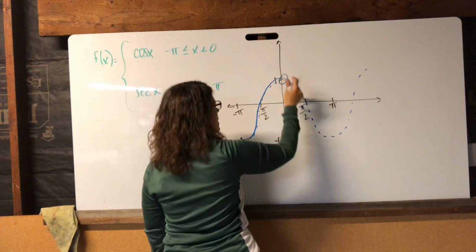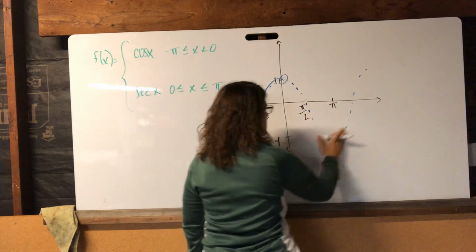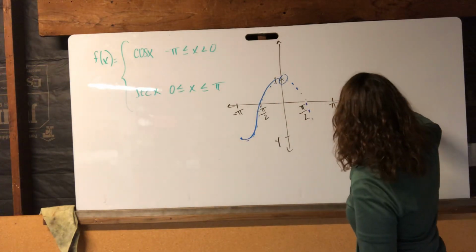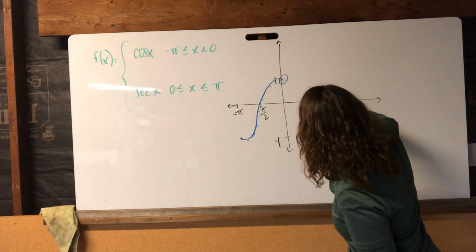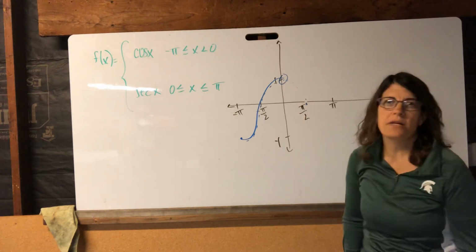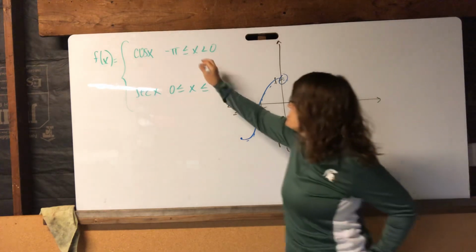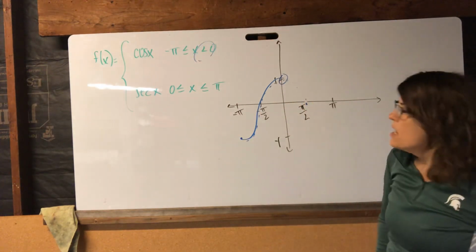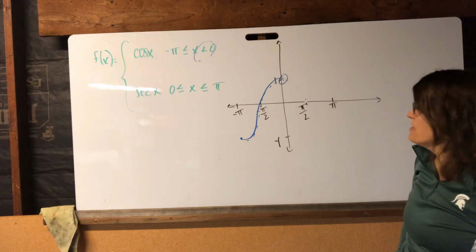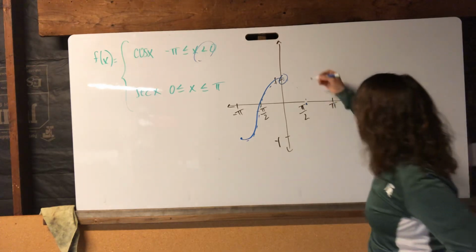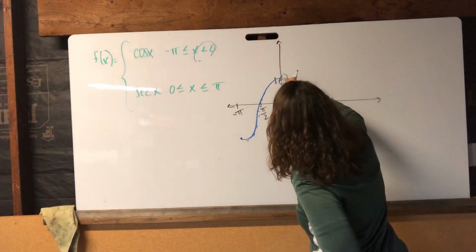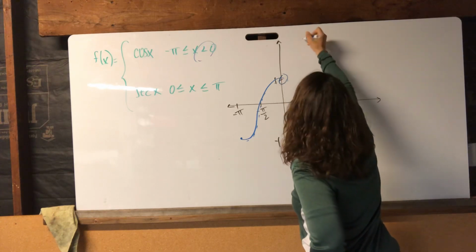And 0 is not included. Okay, so there's a cosine curve from negative pi to 0. 0 is not included. And then I'm going to do a secant curve from 0 to pi. Okay, so here's the issue. There is an asymptote, let me erase this better, at pi over 2.